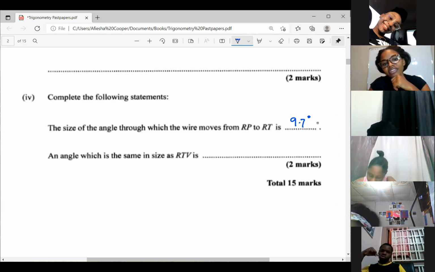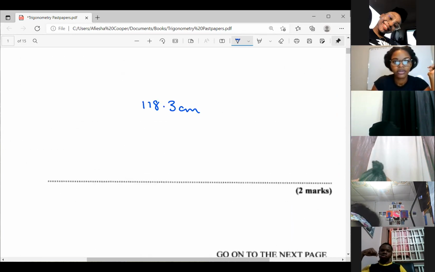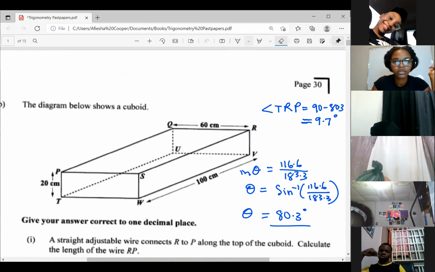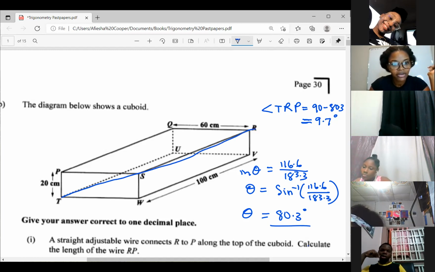An angle which is the same in size as RTV. What angle is the same as RTV? R going down to T, going down to V, so down here. RTV. So we're back to this first triangle.